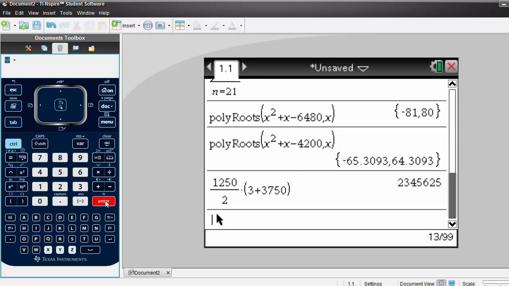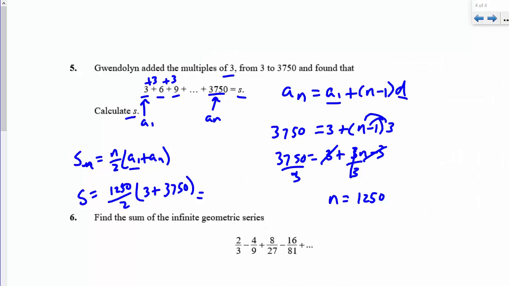This is going to give me this terrible number, which is 2,345,625. Let's see if I can remember that. So this is going to equal 2,345,625. That's pretty large. That's the sum of those terms, though.